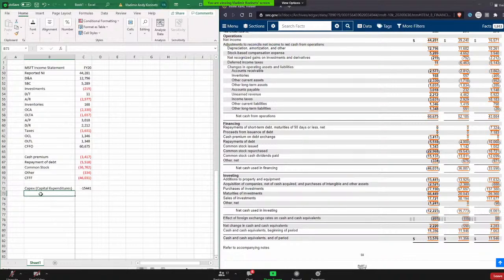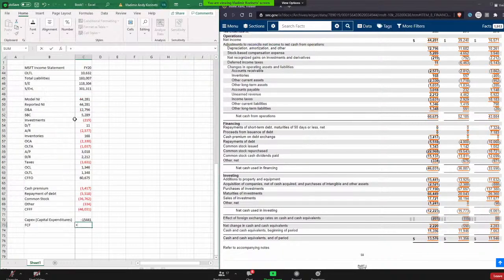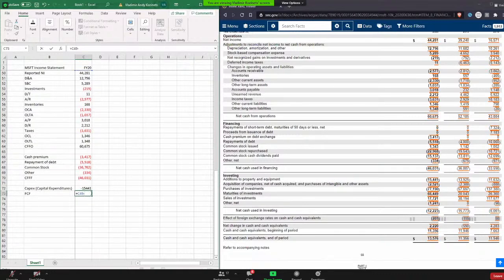Okay, so to calculate free cash flow, which is a very important part of discounting cash flows, for free cash flow it's net income minus the capex. Let's see. So the free cash flow would be, in this case, 59,722 million. So that would be the free cash flow for 2020 of Microsoft.